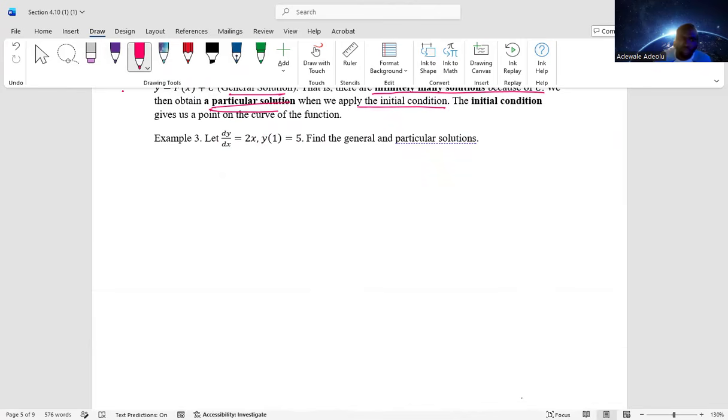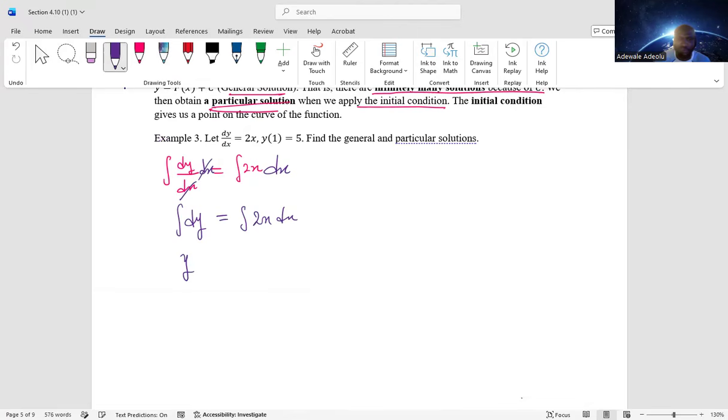In this case, we do know that to find that function y, we just need to integrate: dy/dx equals 2x. Since you have this sign, you have to introduce the dx. So we have integral of dy equals integral of 2x dx.